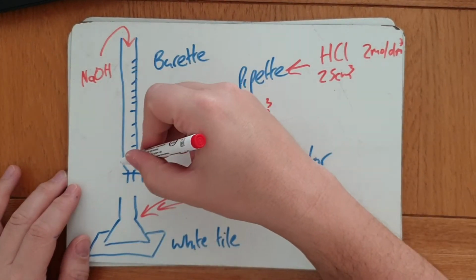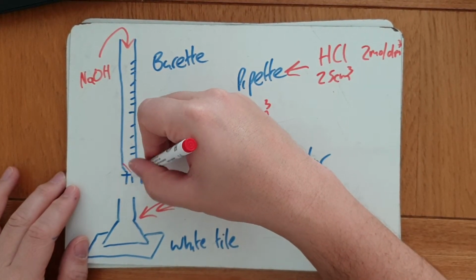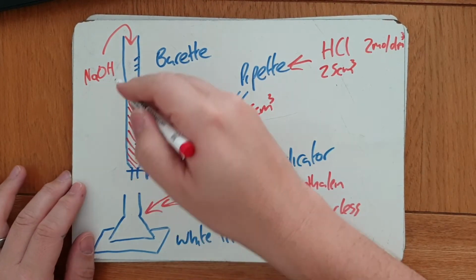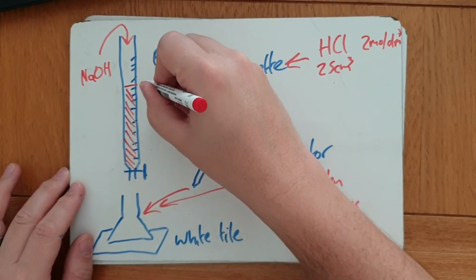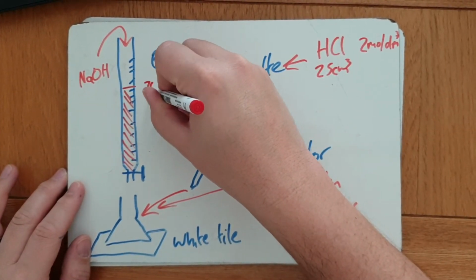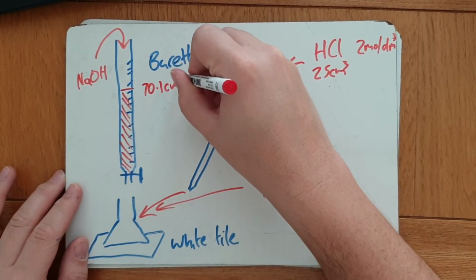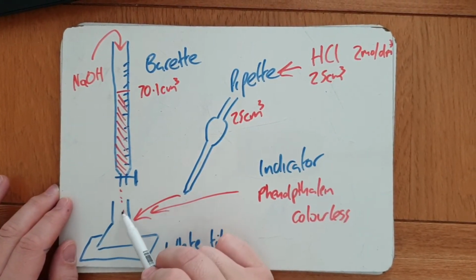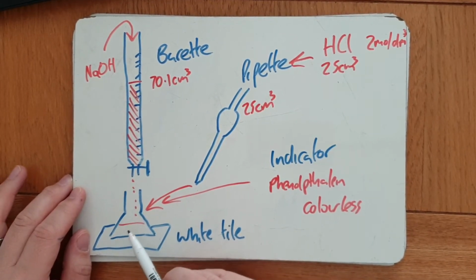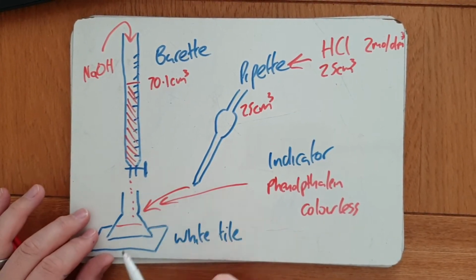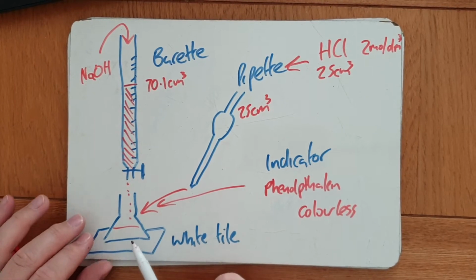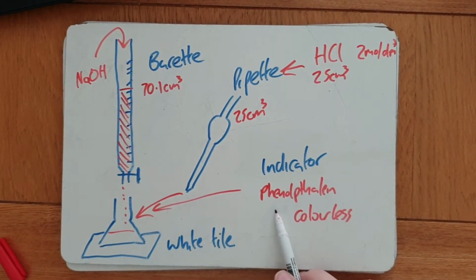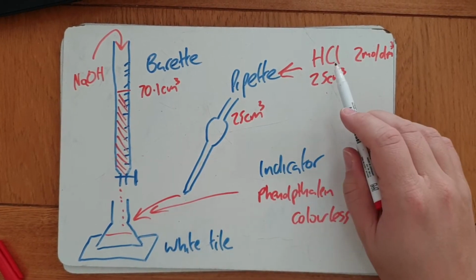And then we've got this burette full of NaOH, and we look at the reading on it, and let's say it says 70.1 centimeters cubed. Then we open the tap and let this drip out, one drop at a time, drip, drip, drip, and eventually it'll be enough to turn this solution from an acid.